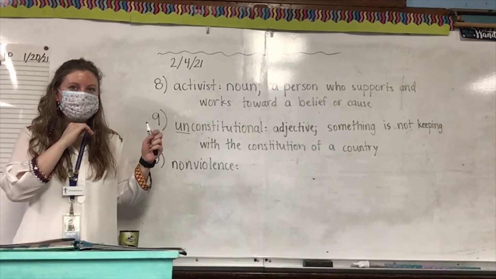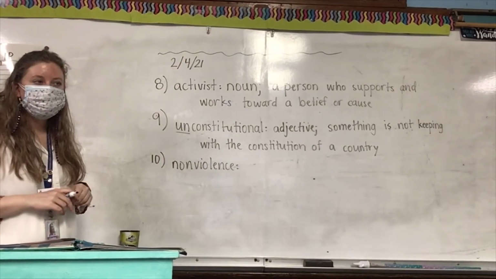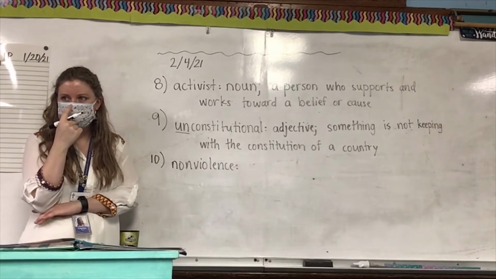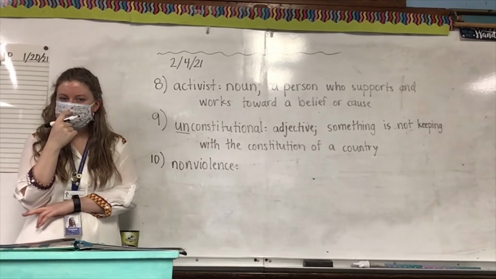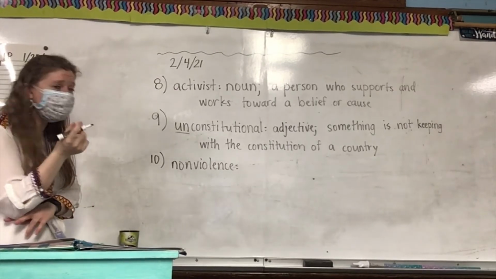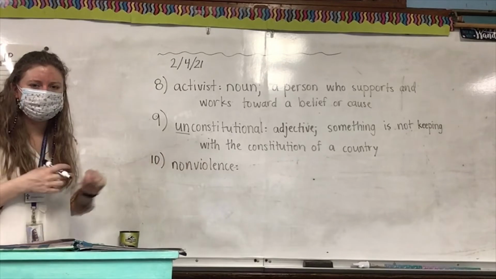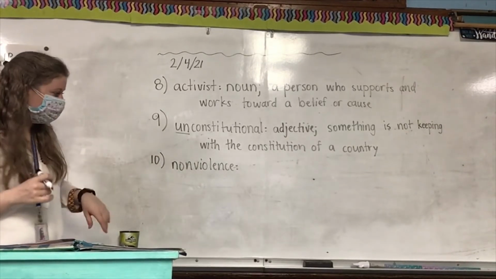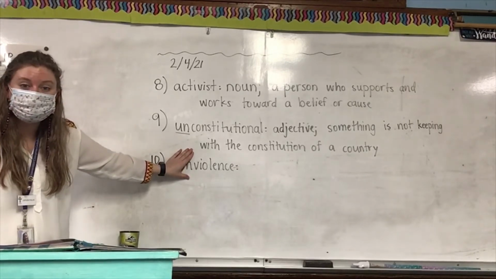Nonviolence. 3. Does anybody think that they might notice something in this word? Smith? A prefix. What's a smaller word in this big word, Smith? Violent. So if we cover up non, it's still a word.